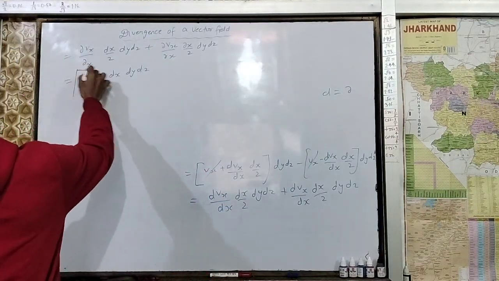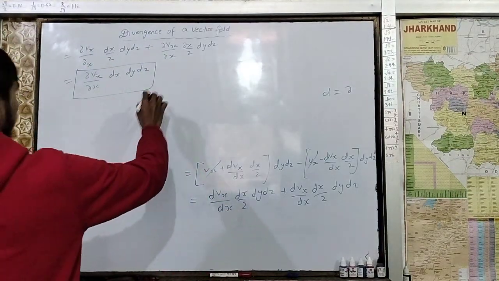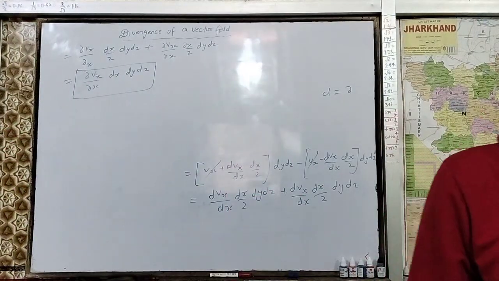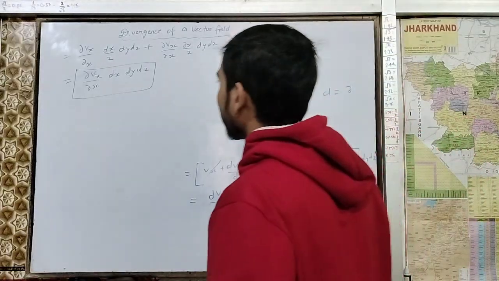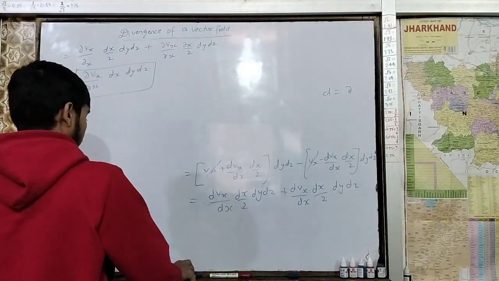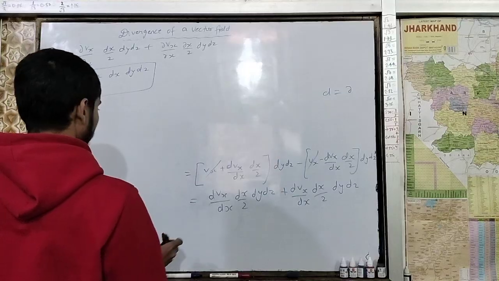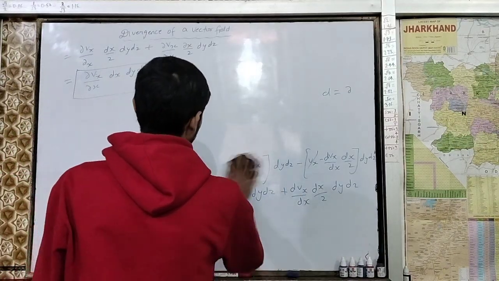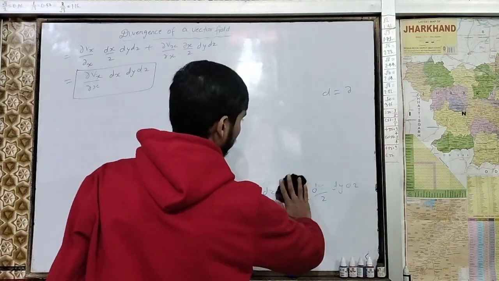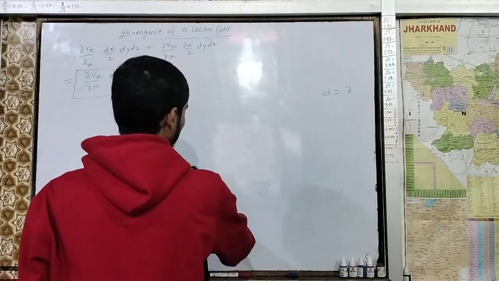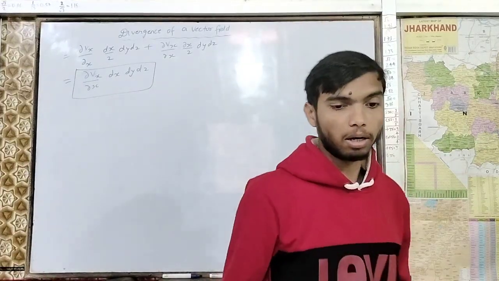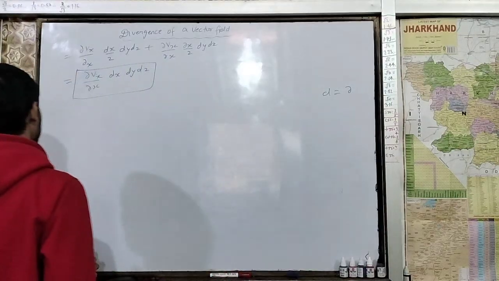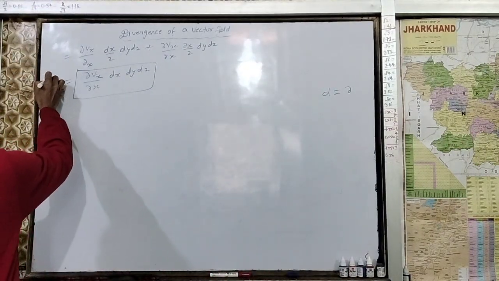So finally you will get this final thing, which is dvx upon dx, and all three dimensions dx dy dz. Now this was about the net flux which was present, which liquid or fluid was present in the volume. This is our net flux.